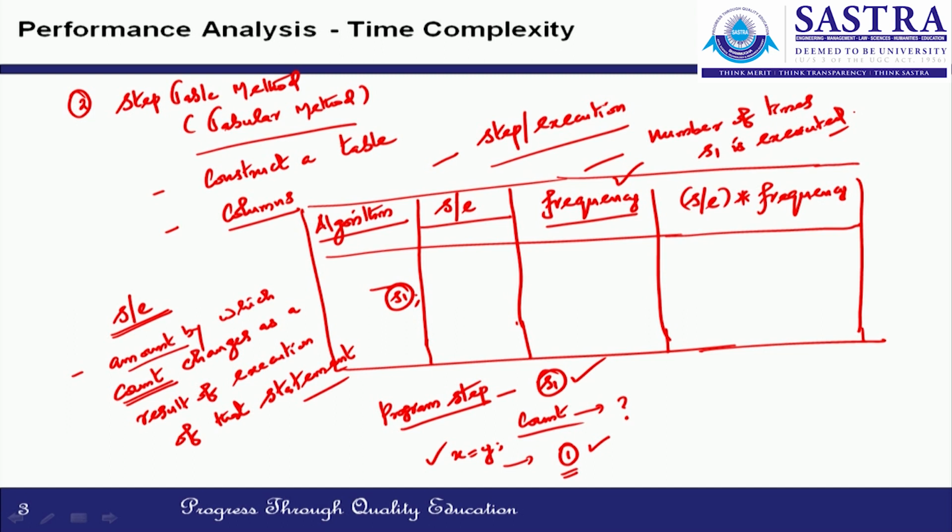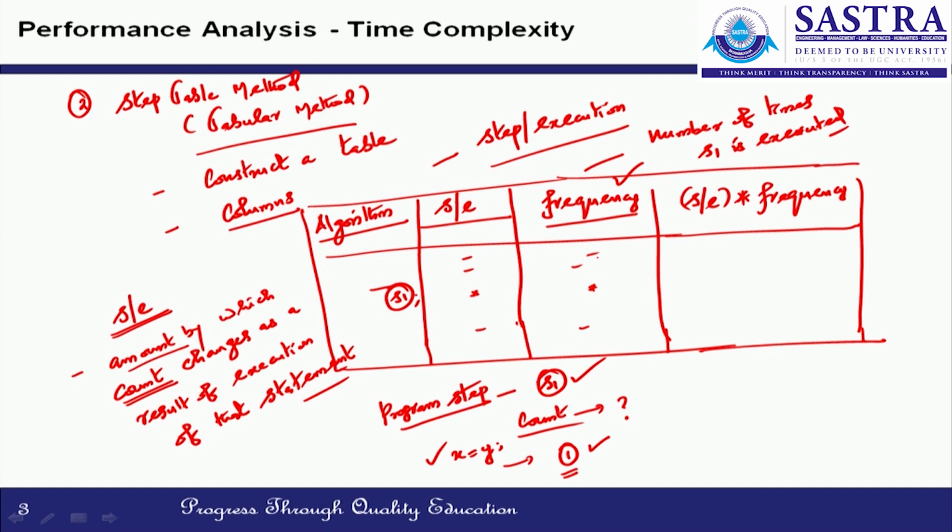Number of times the statement S1 is executed, that is a frequency. So, for each executable statement, find the step per execution value and the frequency like this. We need to complete the columns step per execution and frequency.